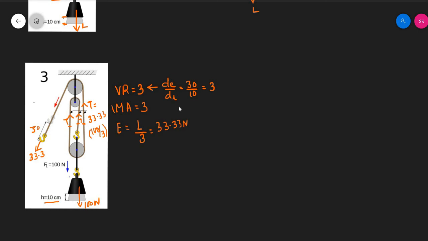I would like you to take a pause here and try to draw this block and tackle system by yourself. Or wait a minute, I will try to draw this one, so maybe the next one you can try to draw by yourself. So in this case your number of pulleys is 3.